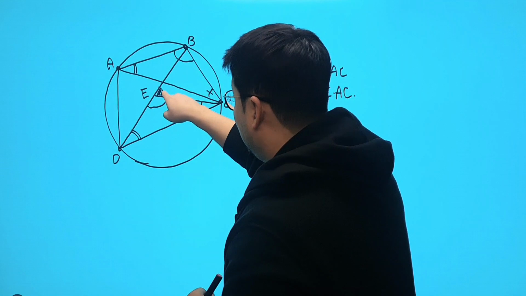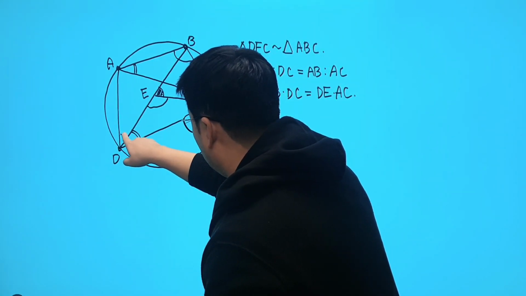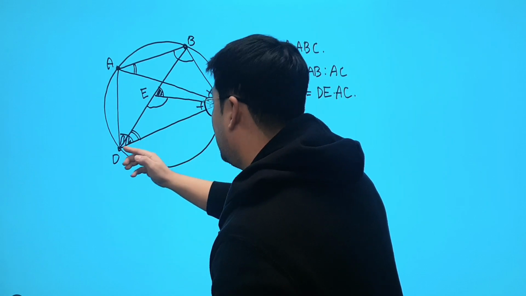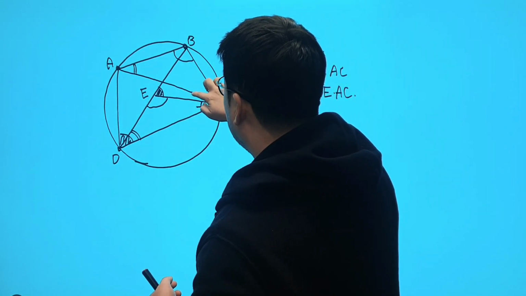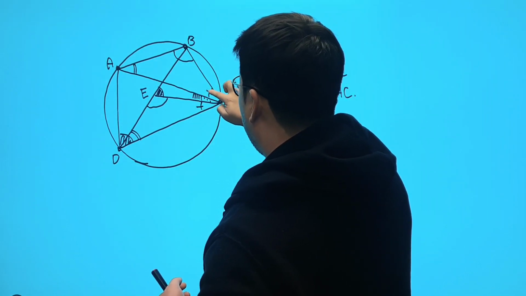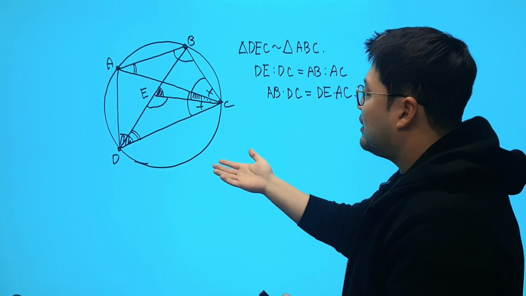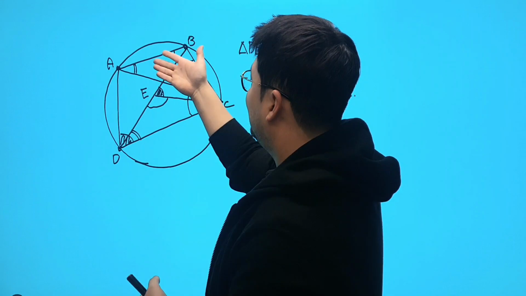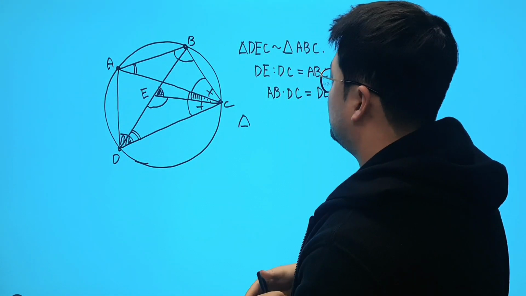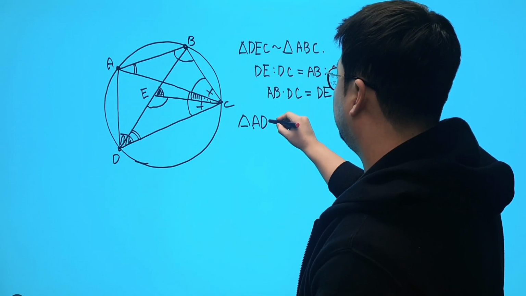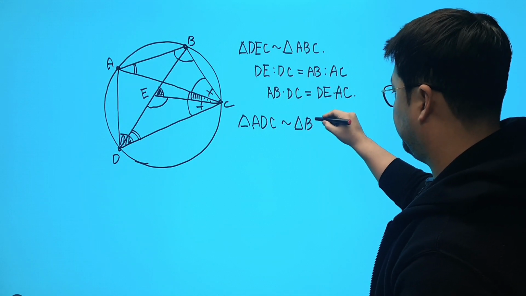So the angle that I marked with the color becomes congruent to angle D. And now we notice that this is the common angle. So we get one angle out there and another angle out there. I can tell you that triangle ADC is similar to triangle BEC.